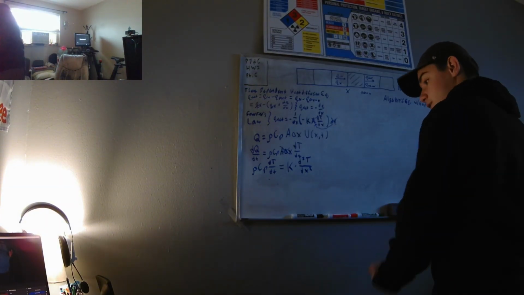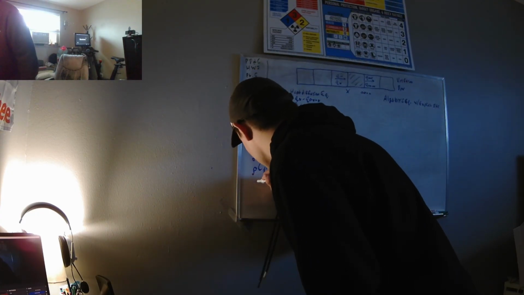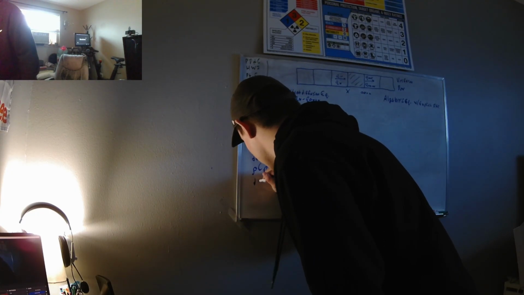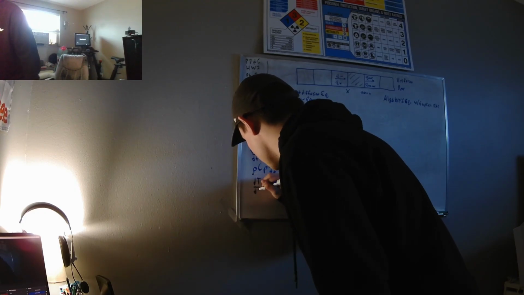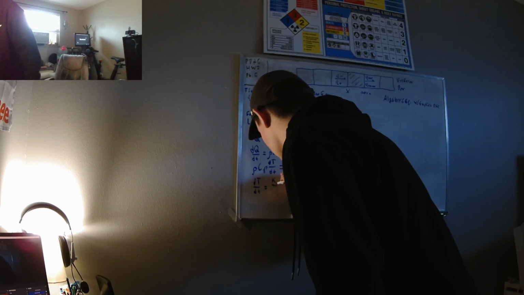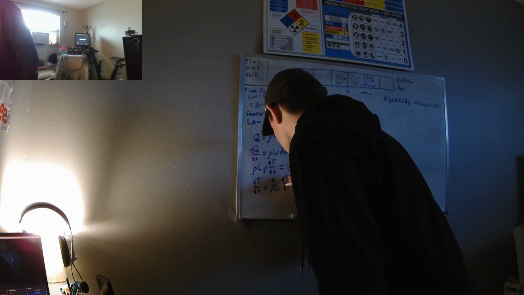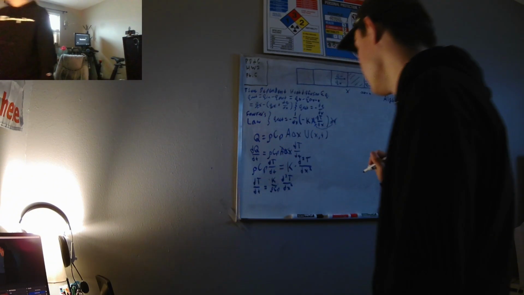And rearranging this a little bit, to isolate for dT/dt, we get change in temperature over change in time is going to equal K over rho Cp times the second derivative of temperature with respect to the second derivative of position.